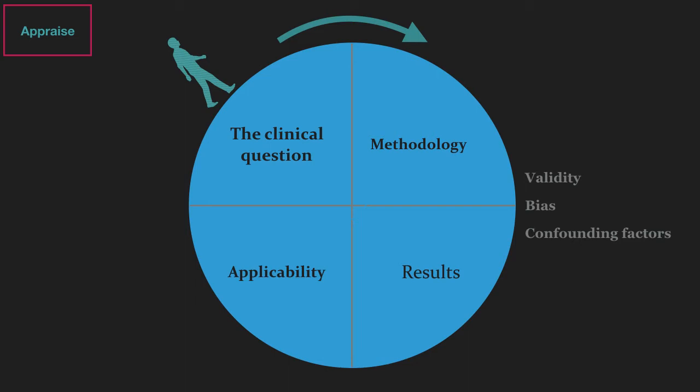For the methodology, I should check whether the methodology is valid or not. I look for bias, which is a systematic error in the methods or in measuring the results. I should check if there are confounding factors, like different ages and different groups, and this will lead to different results.